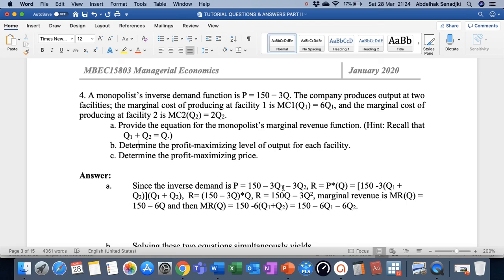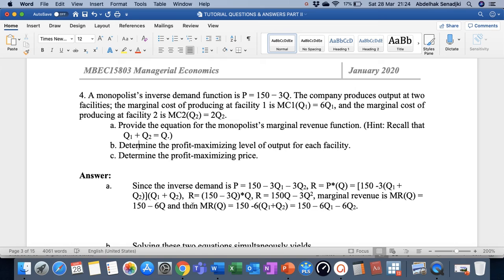So MR equals the derivative of 150Q, which is 150, minus the derivative of 3Q squared: we bring the 2 here, 2 times 3 is 6, times Q to the power 2 minus 1, which is Q. So MR equals 150 minus 6Q.